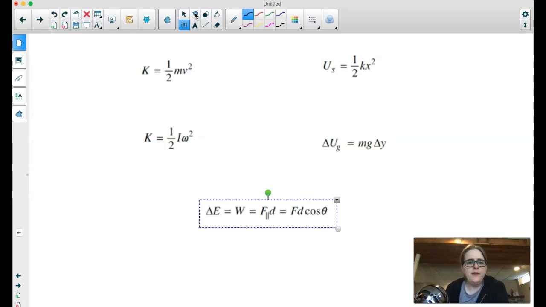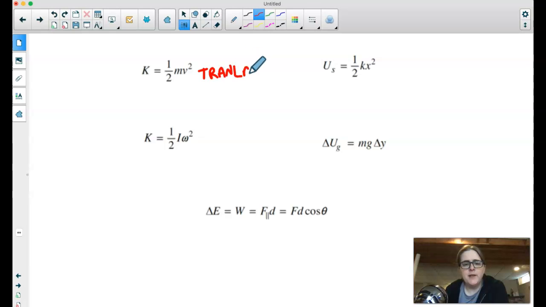And then the last thing is just a reminder of the major equations you have as part of this model. We have the equation for translational kinetic energy, based on the speed of the center of mass.